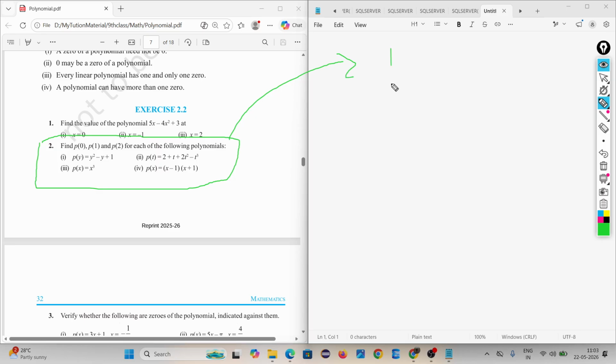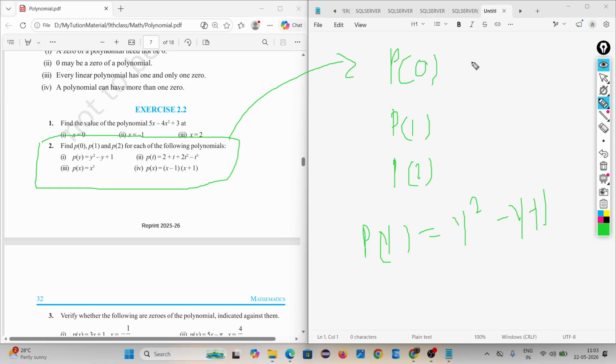Then read question number 2. Find P of 0, P of 1 and P of 2 for each of the following polynomials. There is a polynomial p of y equal to y square minus y plus 1. P of 0 means here the variable is varying.